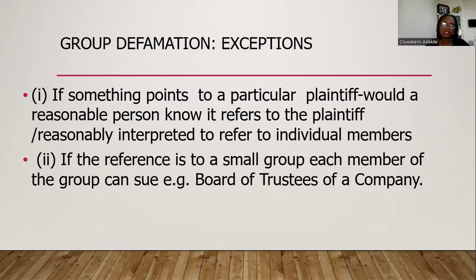If the reference is to a small group, it may be referring to a group of people. But if the group is such a small number that it is possible to identify every member of the group, then in that context, each member of the group would have a cause of action in defamation.